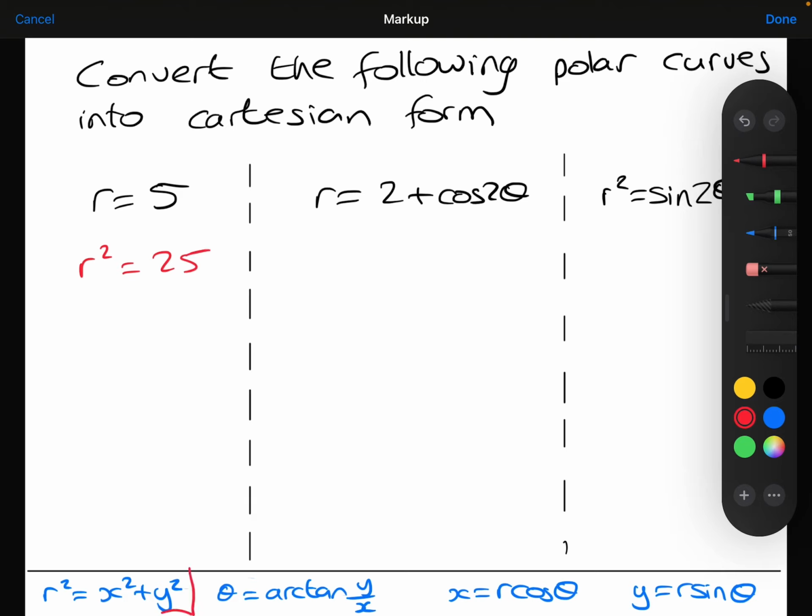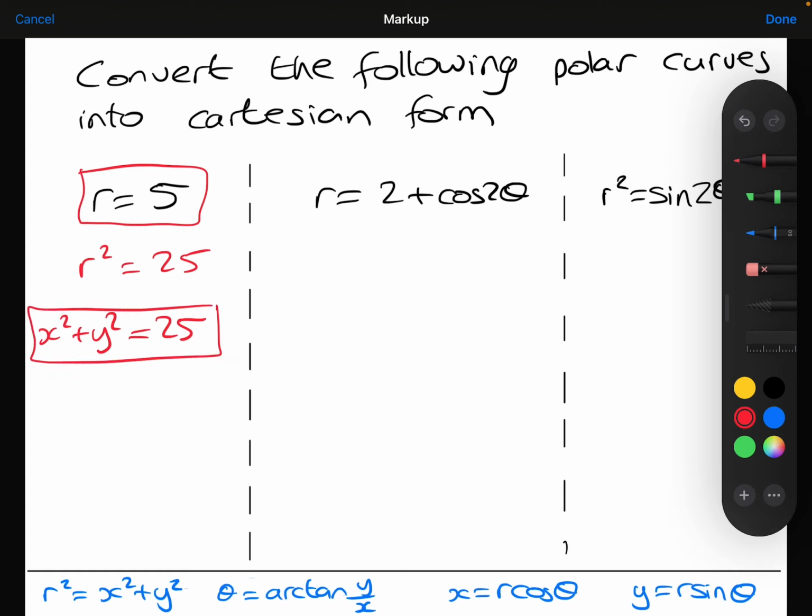And from our rule here, we know that r squared is equal to x squared plus y squared. So there we go. I have turned the polar equation r equals 5 into the Cartesian equation x squared plus y squared equals 25.